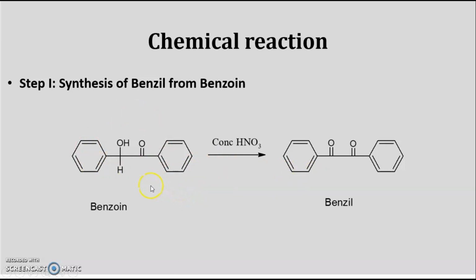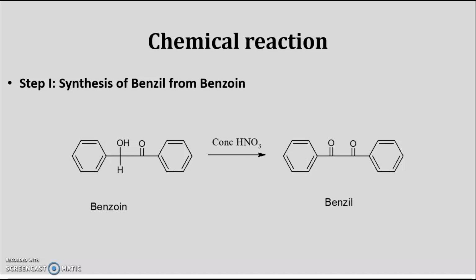Here, as you see, benzoin is considered an alpha hydroxy ketone, where there is a hydroxyl group at the alpha position, and the ketone functional group is present at the adjacent carbon atom, which will be converted into benzil, which is known as a diketone. So alpha hydroxy ketones are converted into the diketone with the help of this oxidation reaction. So this is about the first step.